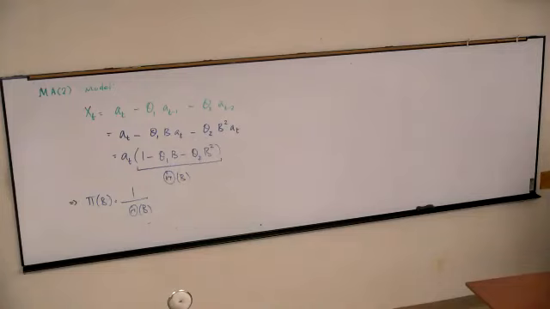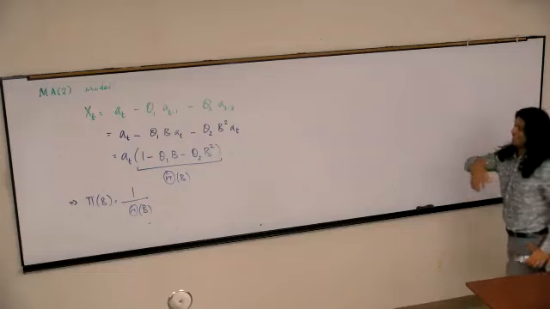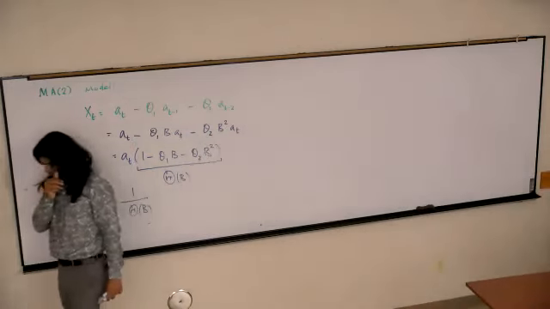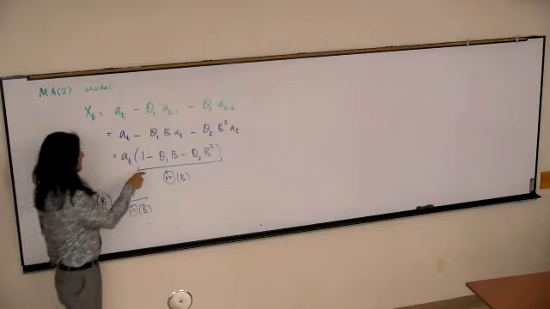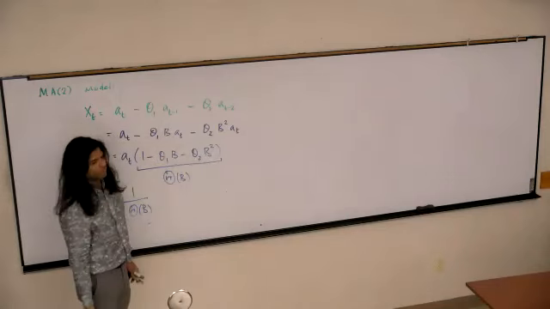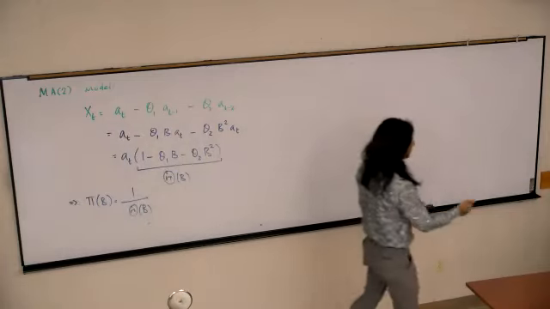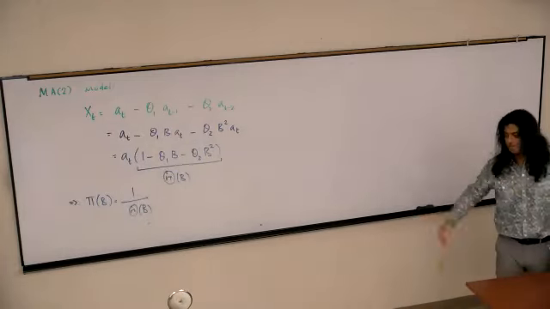Well, what is the condition for invertibility? It's very similar to AR. The roots of that characteristic polynomial have to lie outside the unit circle. There is no point whatsoever in rewriting in terms of a forward difference. There is nothing forward about noise. It has to go only backwards.